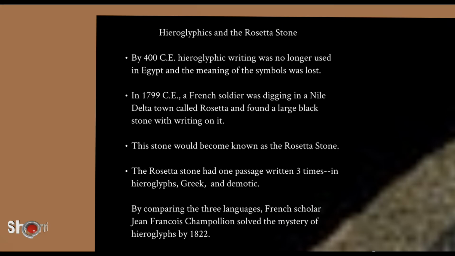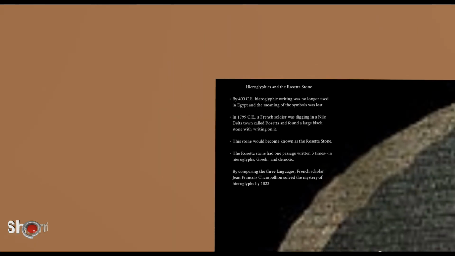This stone would become known as the Rosetta Stone. The Rosetta Stone had one passage written 3 times, in hieroglyphs, Greek, and Demotic. By comparing the 3 languages, French scholar Jean-Francois Champollion solved the mystery of hieroglyphics by 1822.